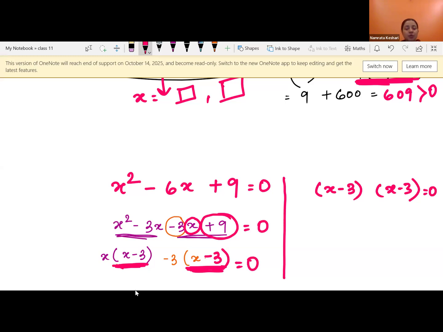Now after this step, what we do, we just take the first bracket equals to 0, or maybe the second bracket equals to 0, right, Abdul? Yes. Can you see both the x values which we found over here and over there are same? Both the answers are 3.